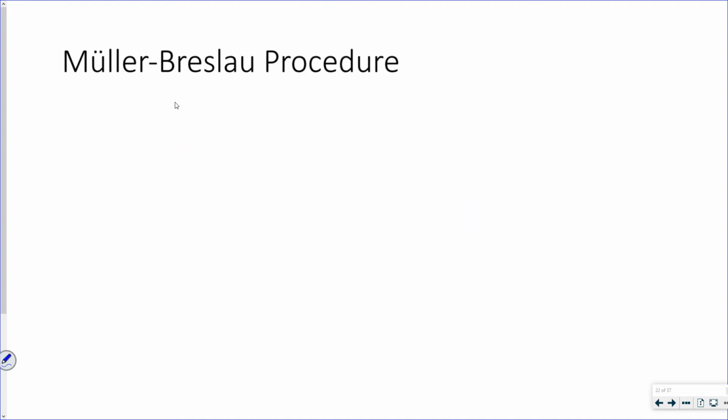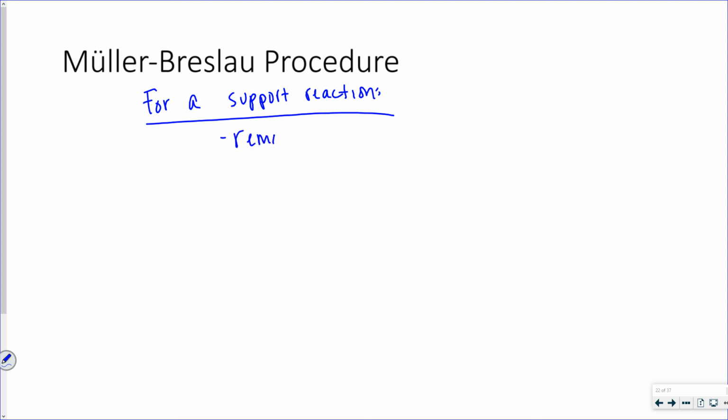So the procedure for doing this is, for a support reaction, remove the movement that is being constrained by that reaction.